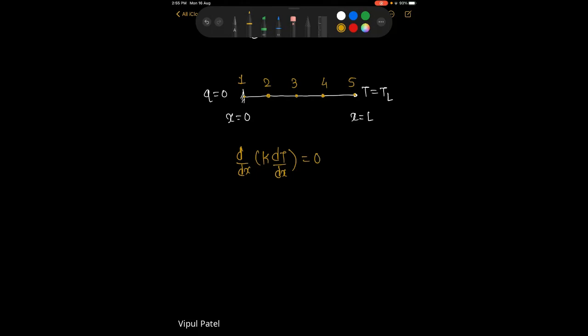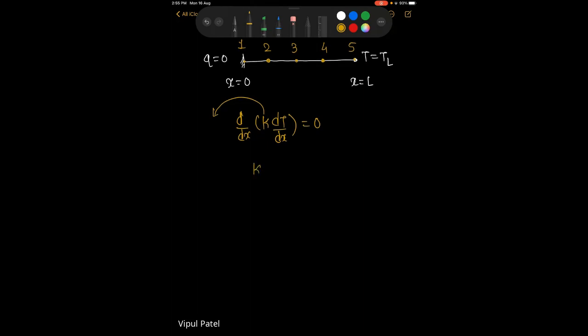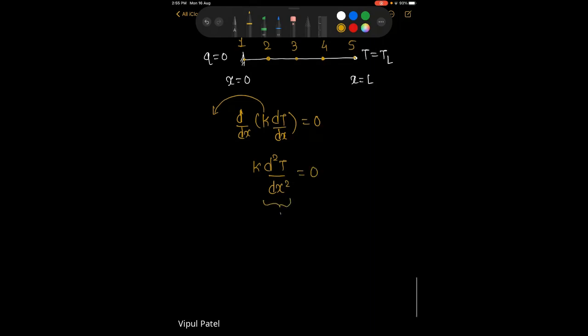This is our governing equation for the one dimensional steady state heat conduction problem. I'm not talking about transient phenomena as of now. If you consider that thermal conductivity is constant throughout the domain, then you can take out the thermal conductivity term, and your equation is k into d square T by dx square, equal to 0. This is nothing but your second order derivative, right?